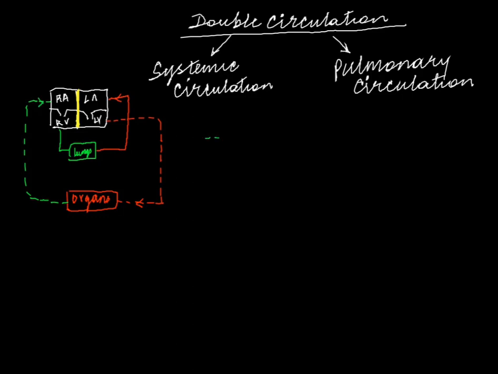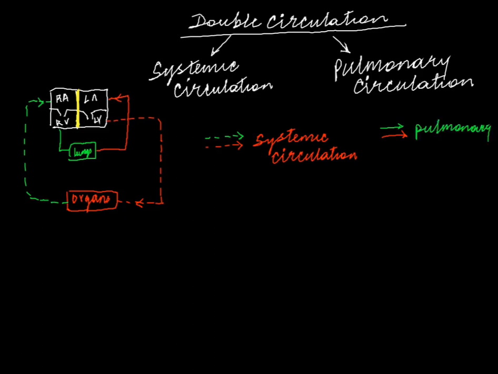Now, the arrows which are discontinuous, clear, are showing you something called the systemic circulation. Clear? That means the blood is pumped to the organ systems. And the arrows which are solid are showing you the pulmonary circulation. So this is pulmonary circulation.